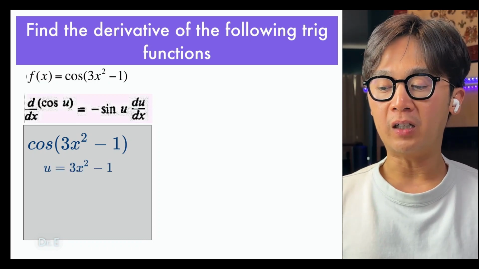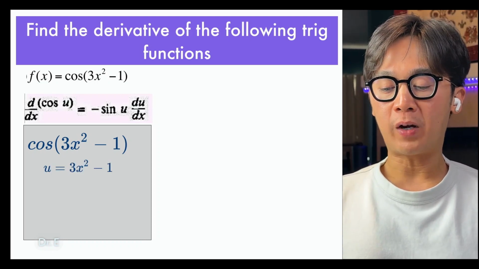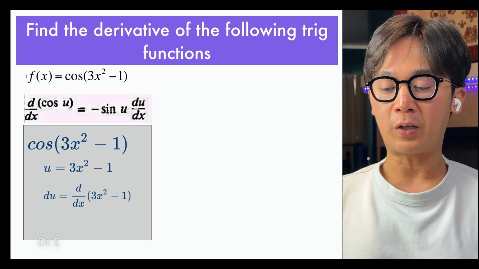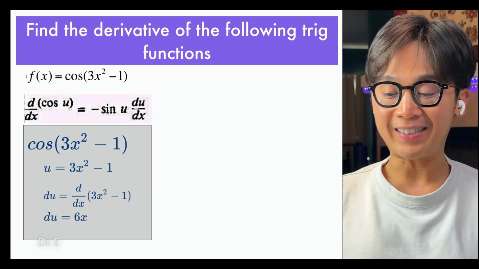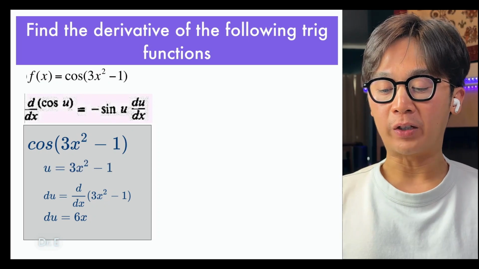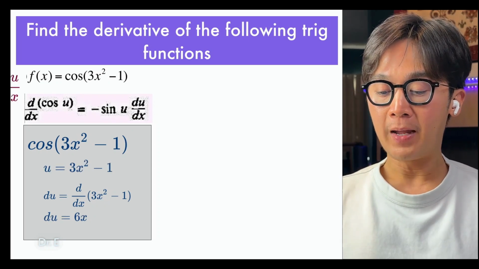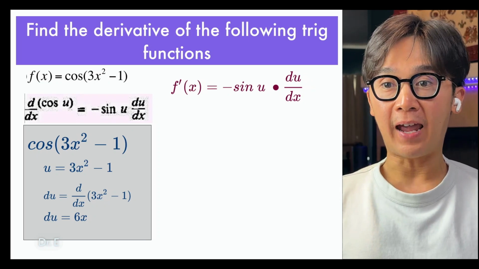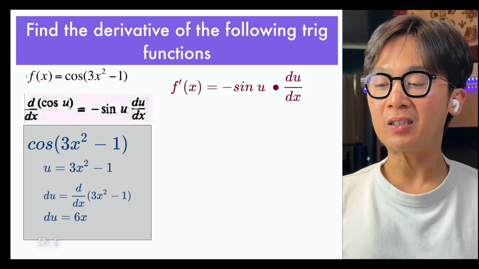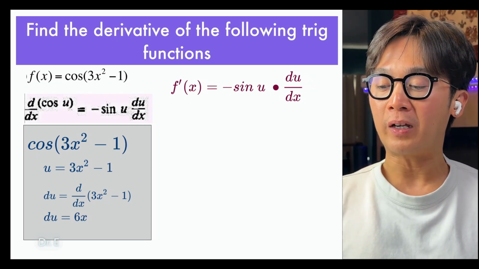The derivative of u is 6x. Now that we know our u and our du, we just replace the u and the du dx.